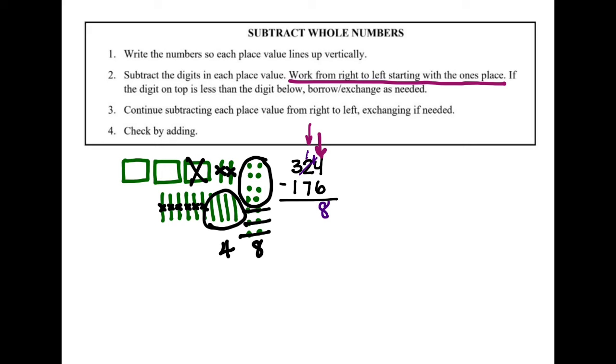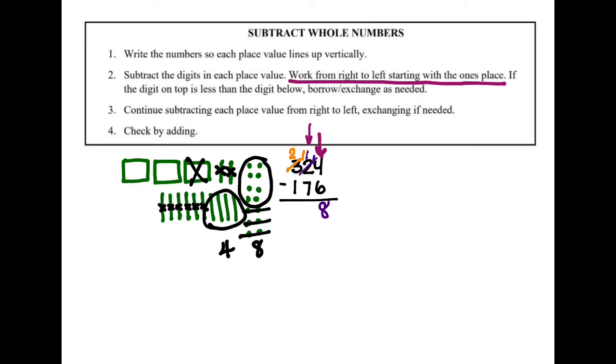So what does that look like over on our algorithm? Okay, I can't take 7 from 1, so I'm going to break up one of these hundreds into 10 tens. Okay, so that's now a 2, and now over here I have 11. And if you count up these, we had the 10 that I added, and that 1 that I crossed out, that was 11.